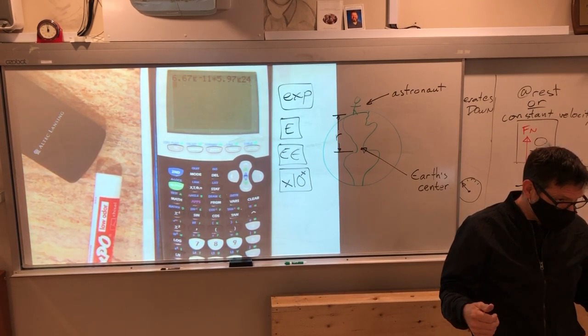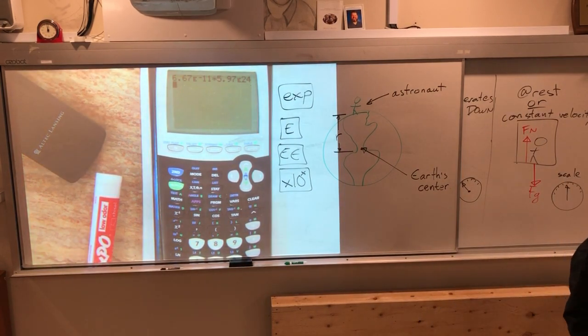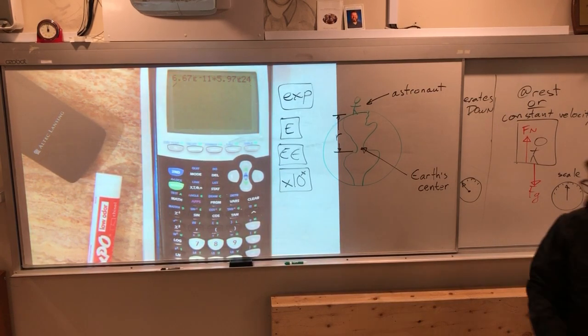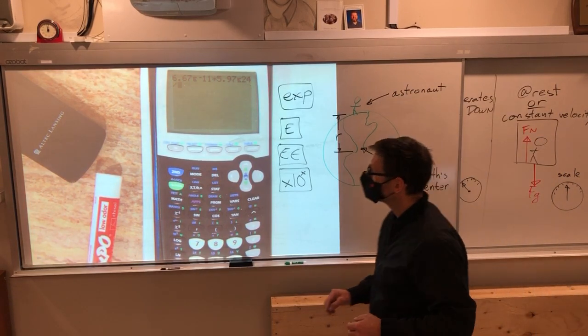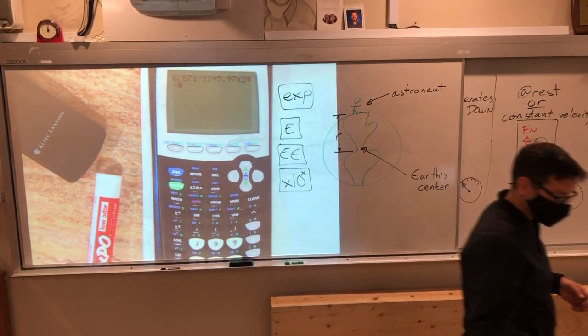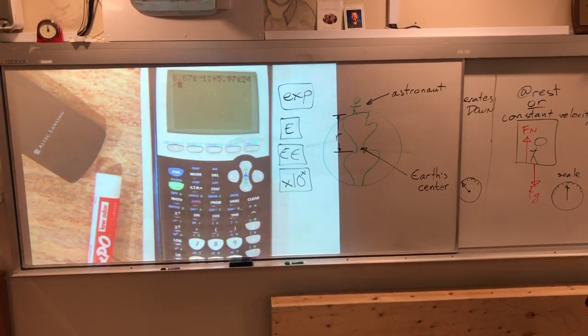If we divide that by the radius of the Earth, so I'm going to divide by, what is it, 6380 or something? 6.38 times 10 to the 6. What's in the six? Oh, meters. Wait. Yeah, no, that's right. 6.38 times 10 to the 6.